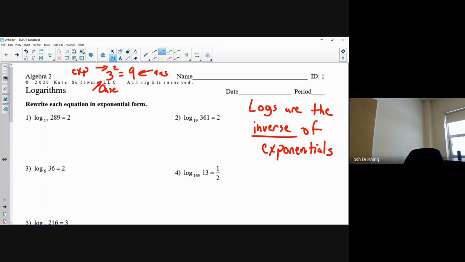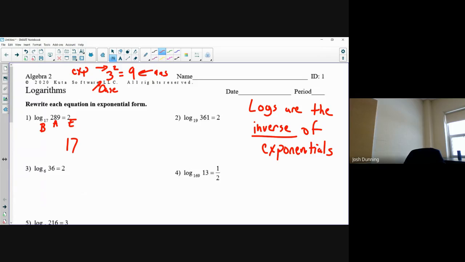Now with a logarithm, there's kind of a way to remember this. It's spelled wrong. Instead of B-A-Y, you use B-A-E for bay. Base, answer, exponent.